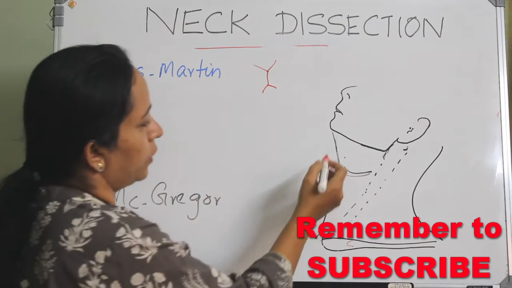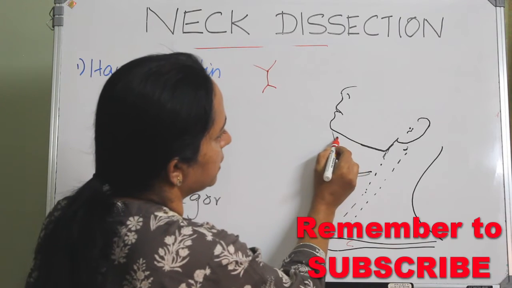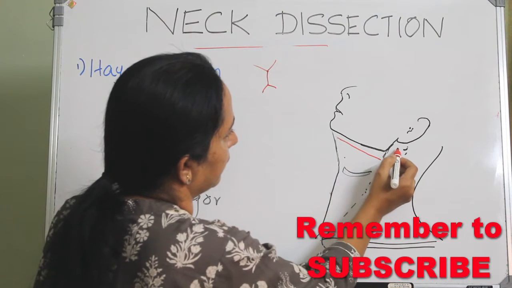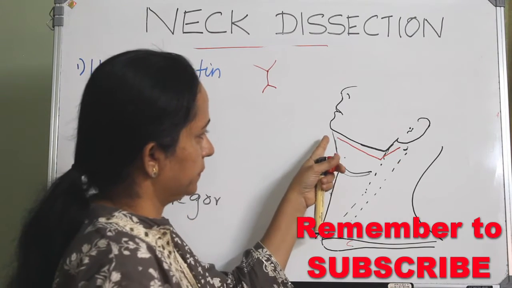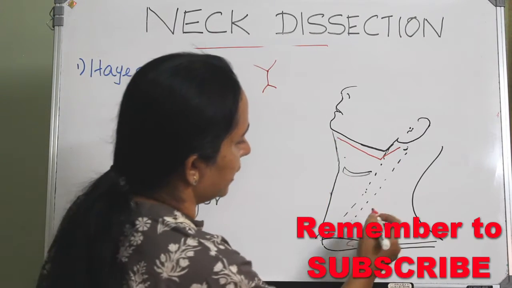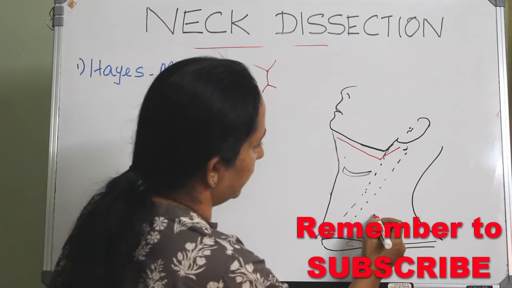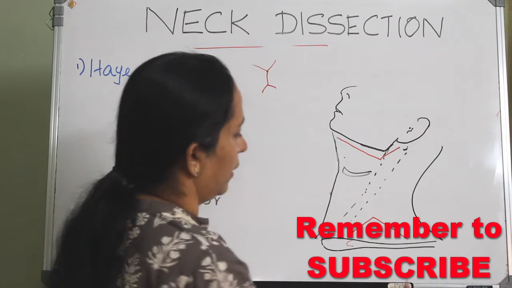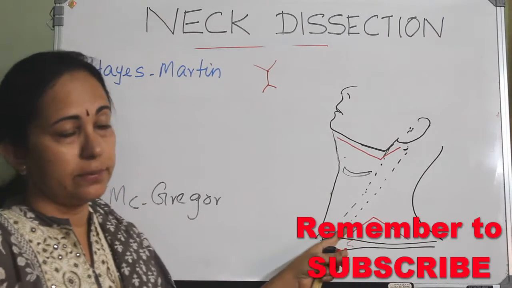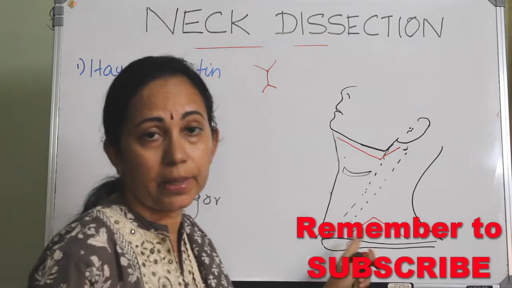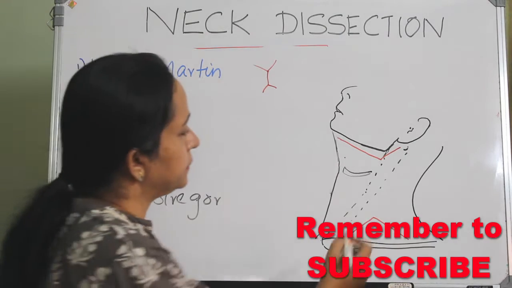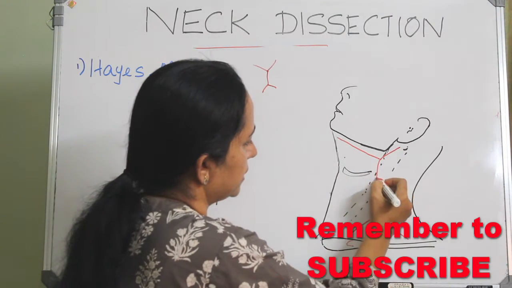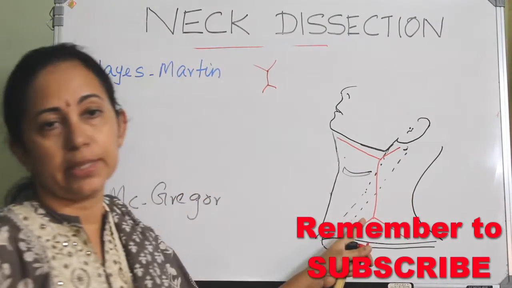The upper component or the submandibular component is from the mastoid tip to the mental, and the second component or the inverted limb of the inverted Y includes the subclavicular or the supraclavicular area. So the submandibular area and the supraclavicular area are joined by a vertical limb.